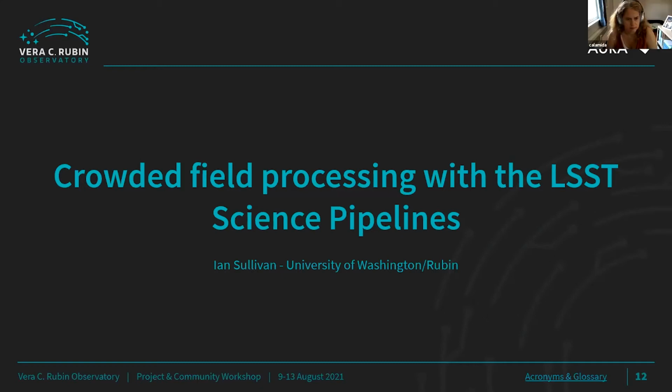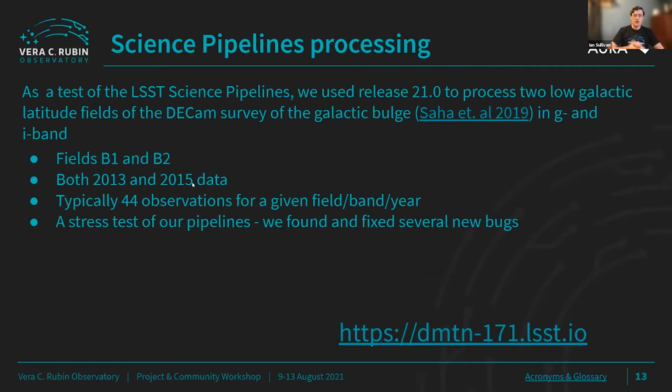Thank you, Jan. Okay, thank you, Massimo, and everyone. So I'm going to do a small case of what Colin was describing. This is one particular test that I did late last year and early this year of making the Rubin science pipelines able to successfully process the data from the DECam Galactic Bulge survey done by Saha et al.